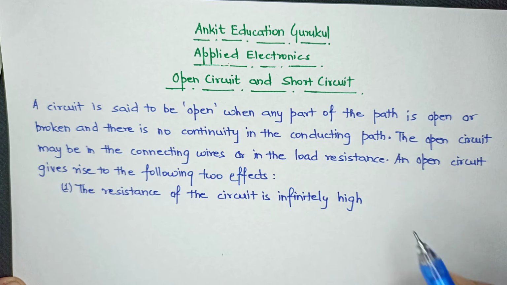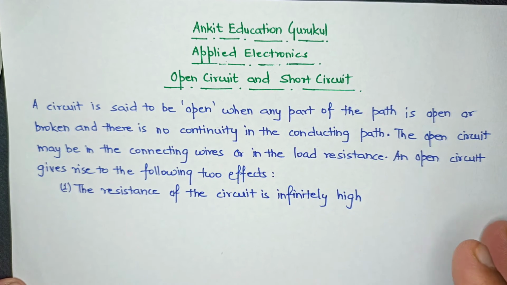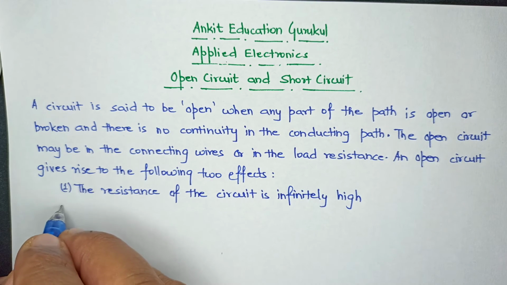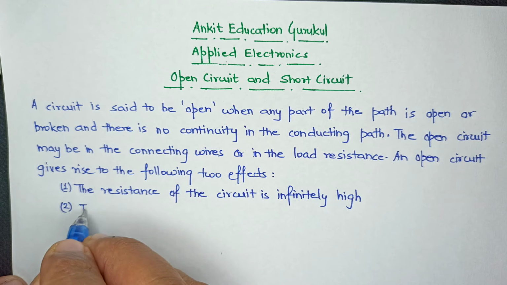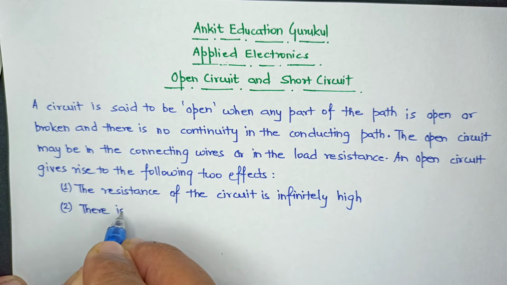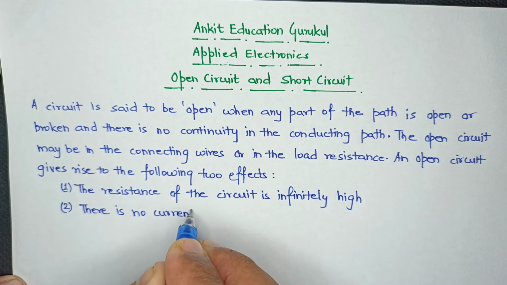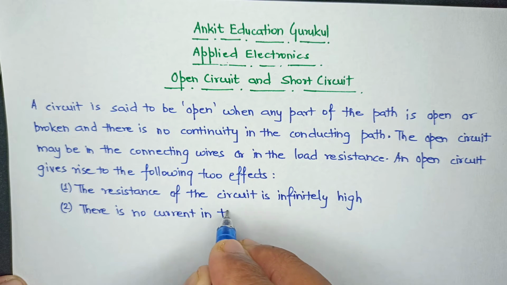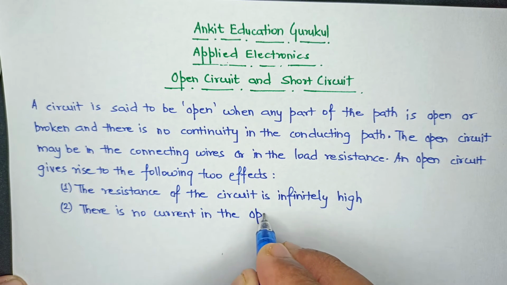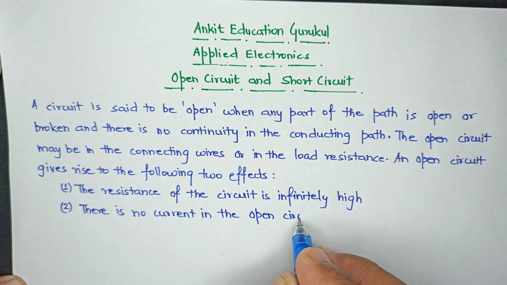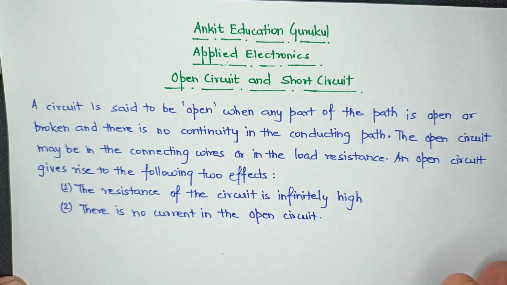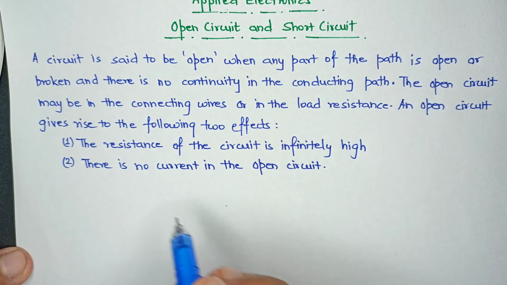That is, the resistance of the open circuit is infinitely high. And the second point is, there is no current in the open circuit. Now let us understand this using a very simple diagram.